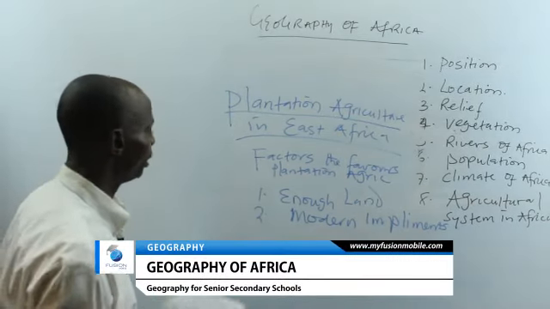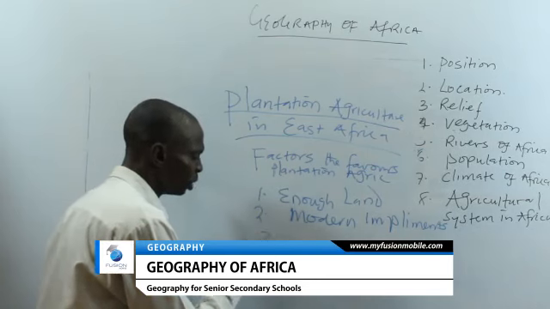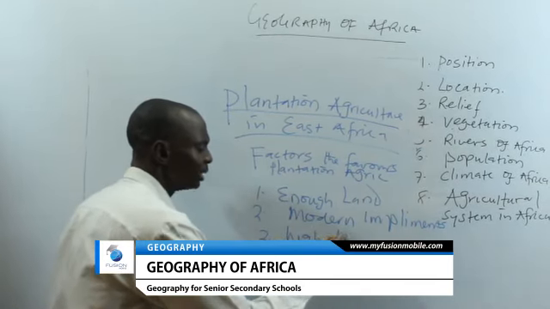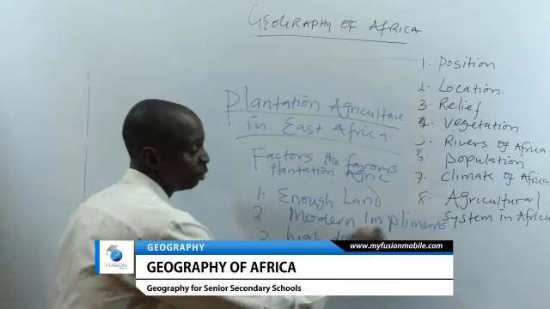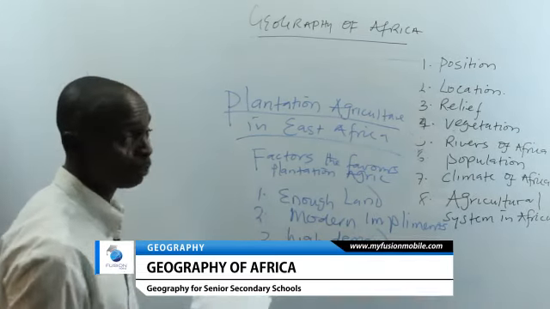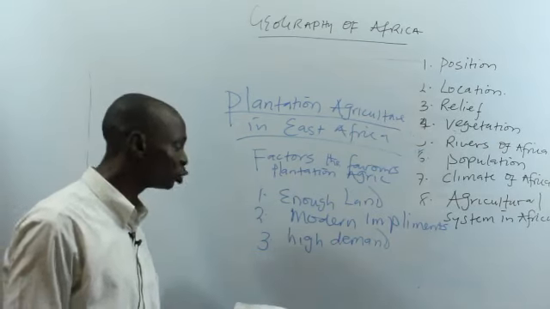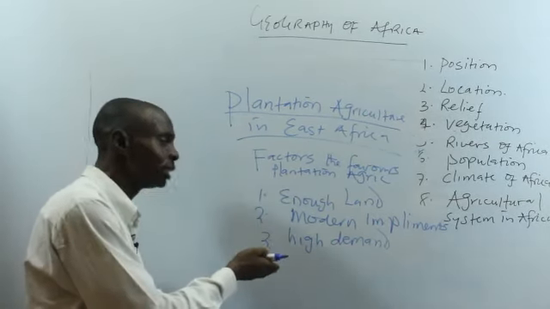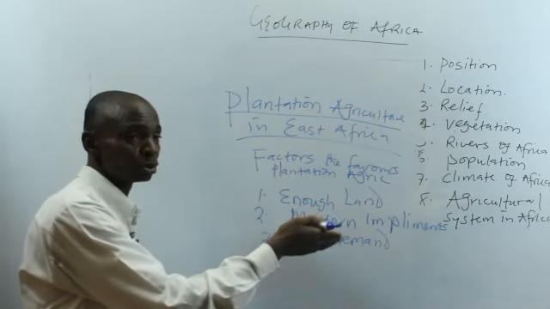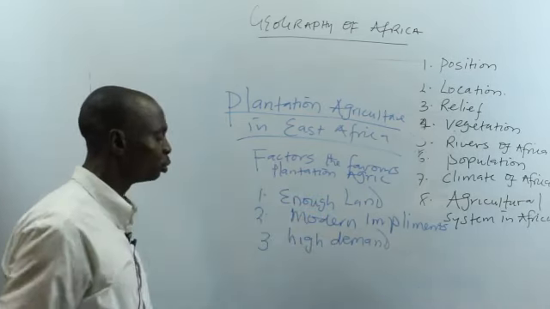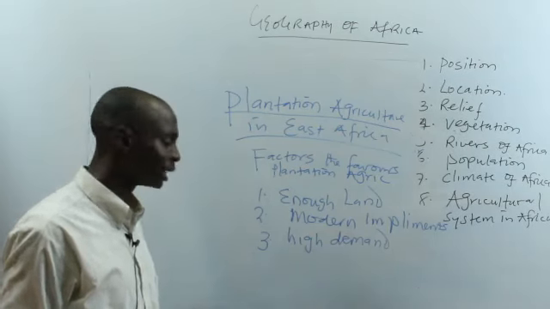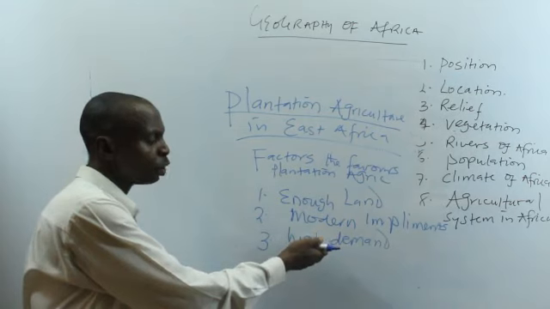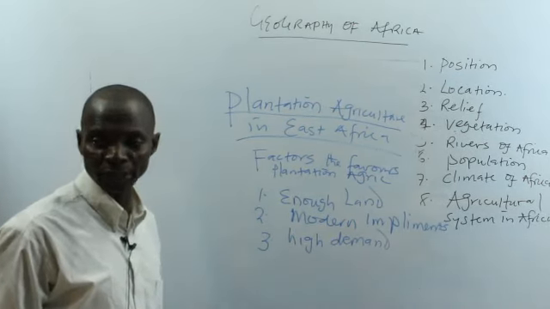Number three, there must be high demand for that crop. If you are going for rubber plantation, for instance, there must be a high demand, or there must be a company or an industry situated very close to the farm, so that when the harvest is matured, you will not waste it.